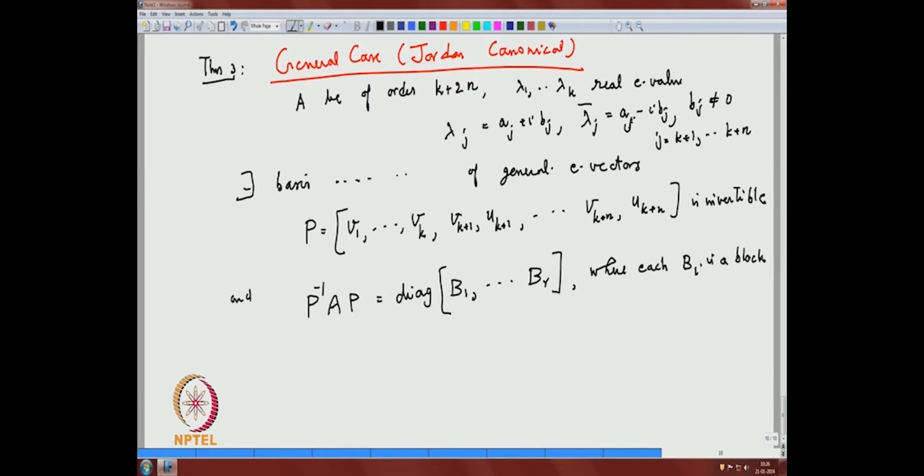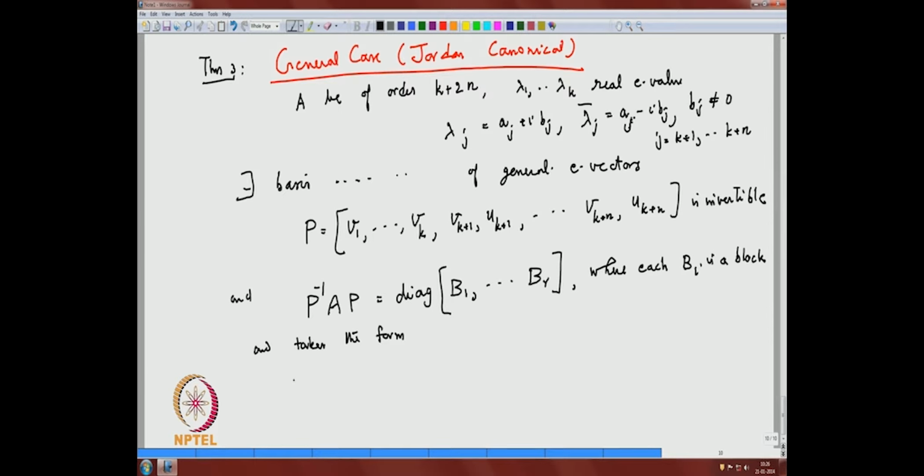So, if you have only one simple eigenvalue with one vector, it will be a single lambda, and it takes one specific form. This we have computed already, yesterday we computed it in an elaborate way.